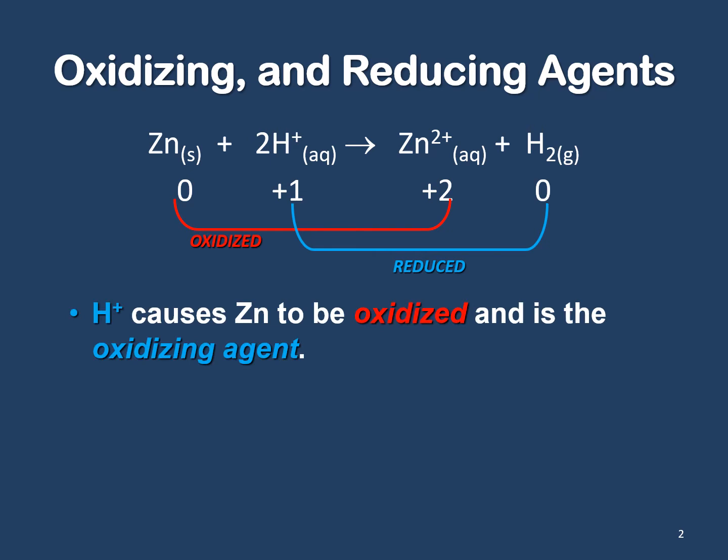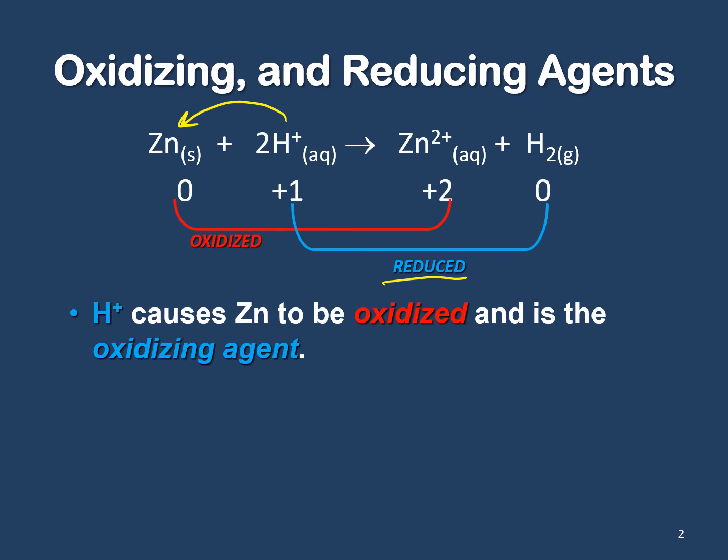When we say that H+ was reduced, right? We talked about this in the last slide. That's true. But technically, it's also causing zinc solid to be oxidized. This makes H+ known as the oxidizing agent, right? So that sounds kind of weird.